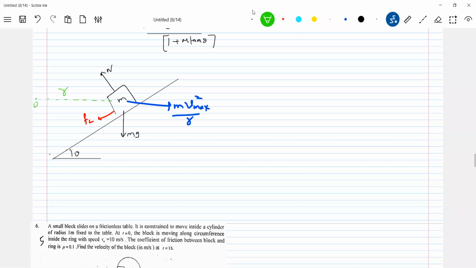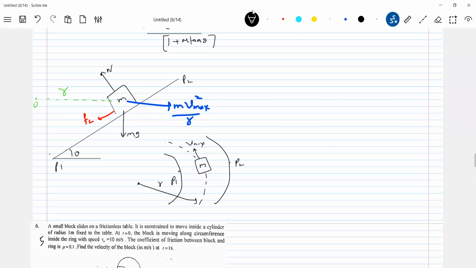Now again equating the forces in a similar way. And what is the track? The track is here like this. The same idea what we did earlier, the same thing. This is P1. It is going to move in a circular path.